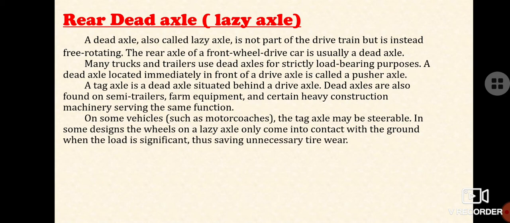On some vehicles like motor coaches, the tag axle may be steerable. In some designs, the wheels on a lazy axle only come into contact with the ground when the load is significant. Thus, it saves unnecessary wear of the tire.